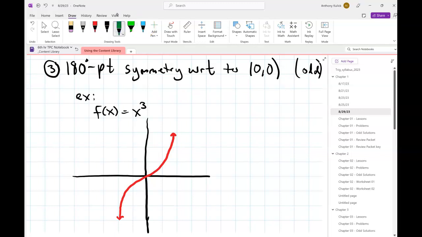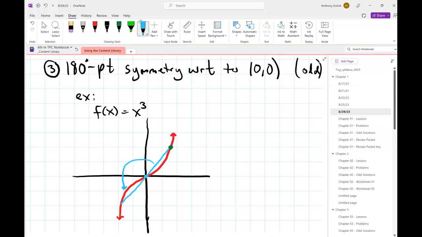So the idea here is if, say, I pick a point on my function and I build an anchor here at the origin and I tie a rope to that point and then I spin that point 180 degrees, which is just a straight line, right?